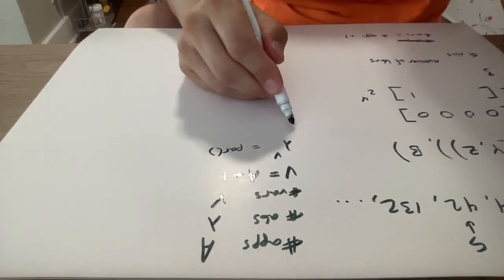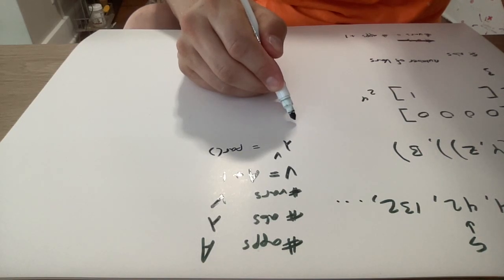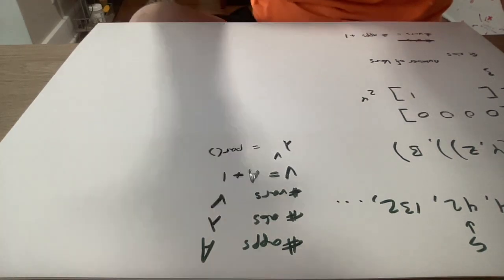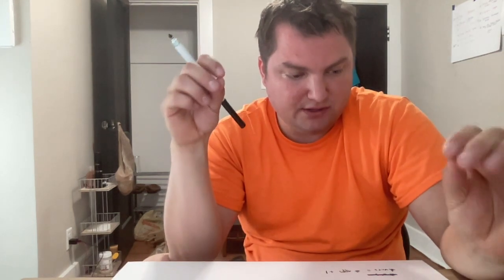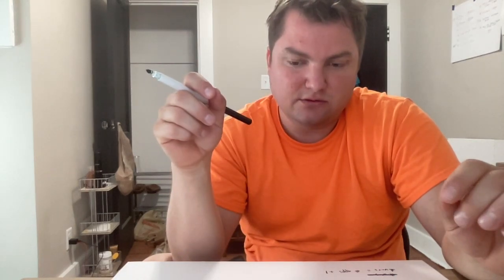So that means that lambda, I lied. Hold on a second. No, that's wrong. That's wrong. Lambda to the V is the number of possibilities for that Catalan number.